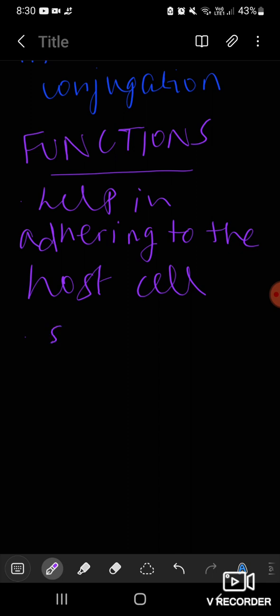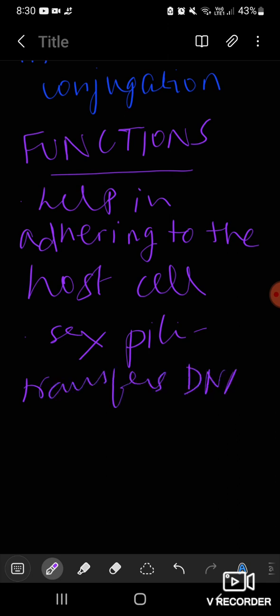So yeah, sex pili helps to transfer DNA during bacterial conjugation, right?